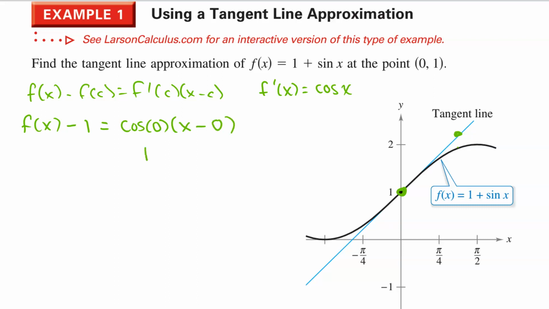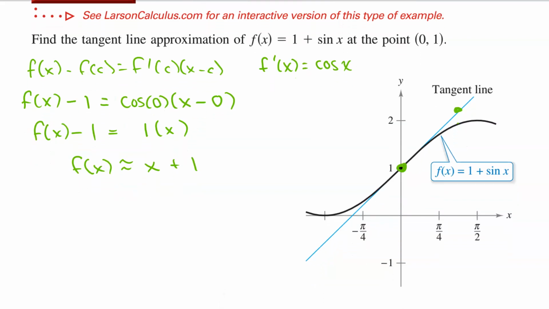Cosine of 0 is 1. So our tangent line approximation is going to be f of x equals x plus 1. And then we could say, well, we want to approximate it at pi over 4. We put pi over 4 in for x, and we get an approximate value for that.